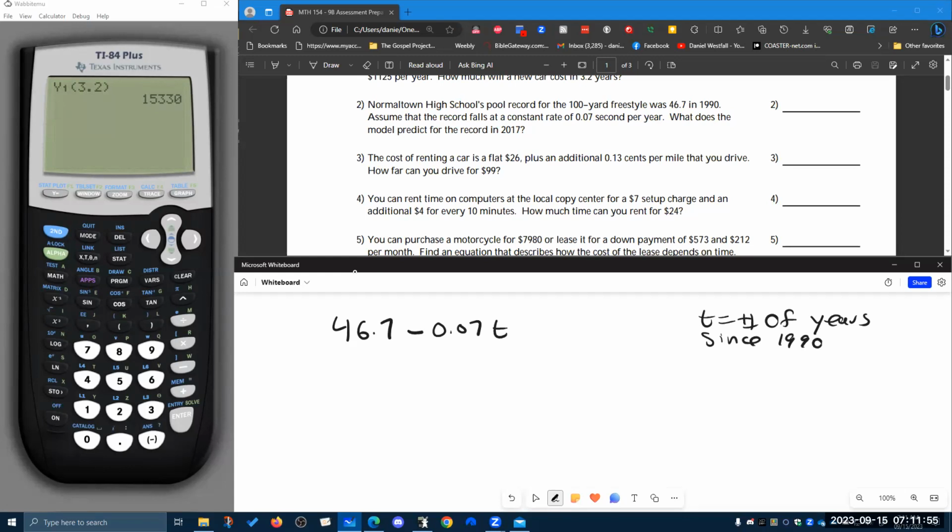And this is R of t, where r is the record, right? Now I've got to figure out how many years have passed between 1990 and 2017. So 2017 minus 1990 is 27 years.